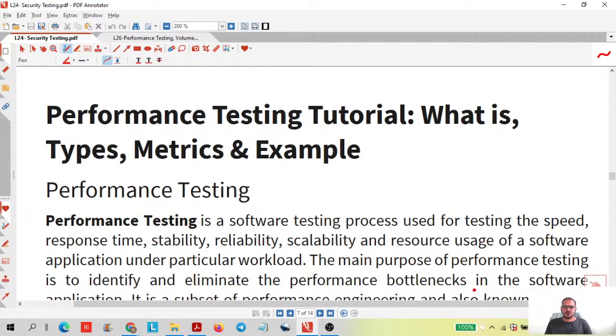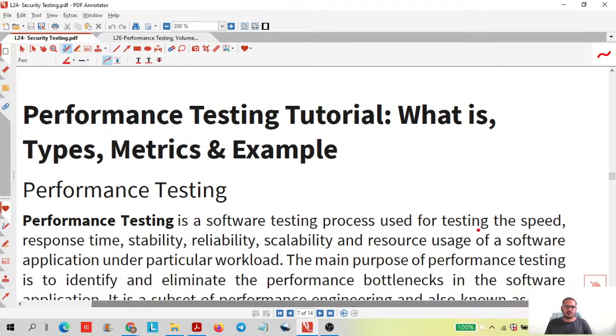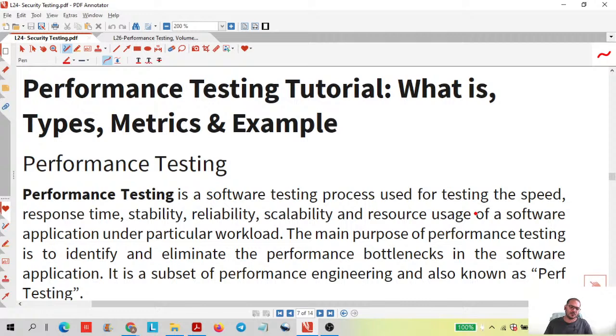This is one of the very important topics, that is performance testing. Performance testing is very important for any software application.